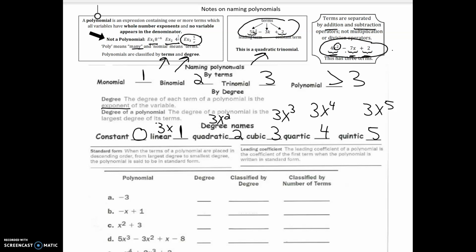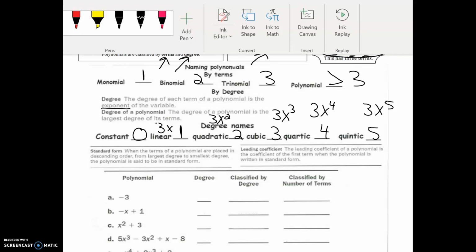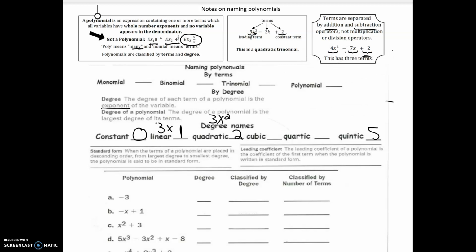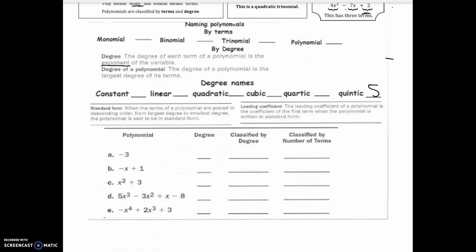And classify it by terms means the name by how many terms there are. All right, again, I am going to give you a moment to do that. So again, if you want to pause the video, pause it now. And then we're going to go over the bottom part. And then you're going to start a few of these on your own.